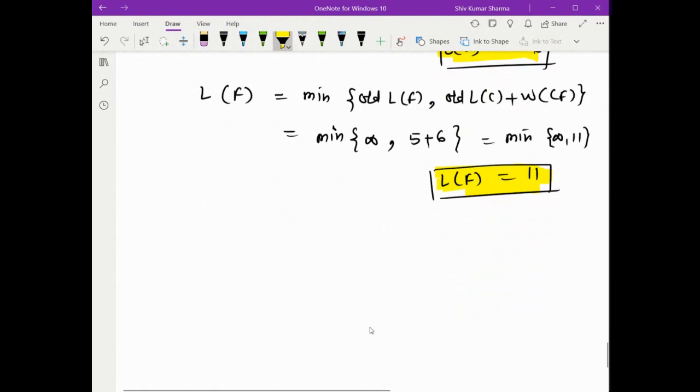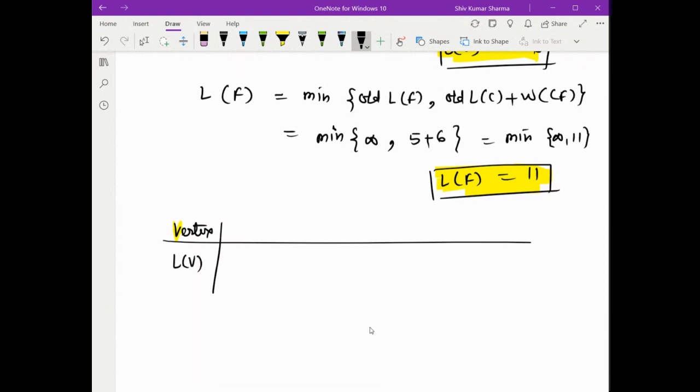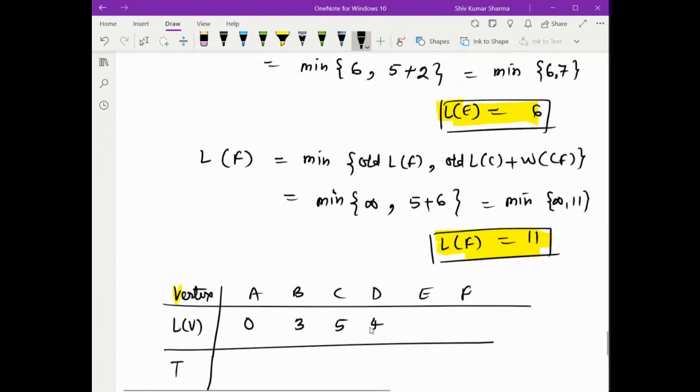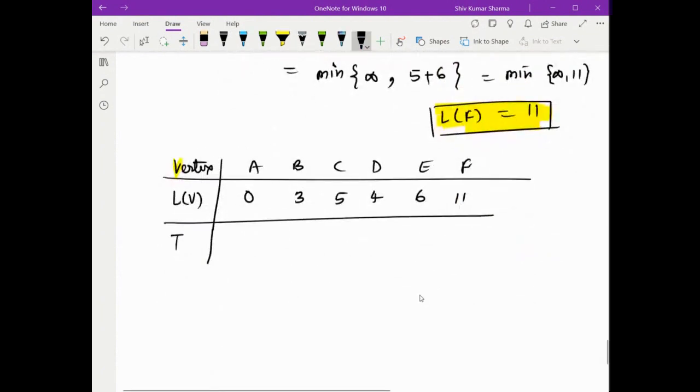Now we construct the table again. For vertex and level of the vertex: A, B, C, D, E and F. The levels are 0, 3, 4, 5, and now E having level 6, F having level 11.